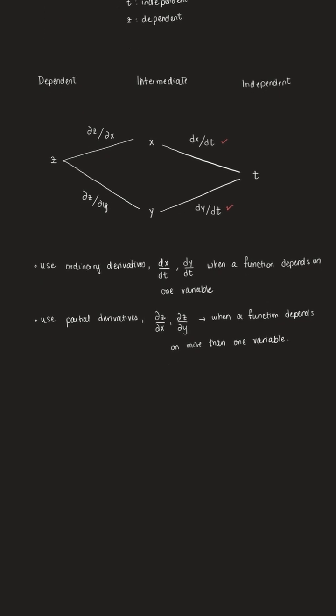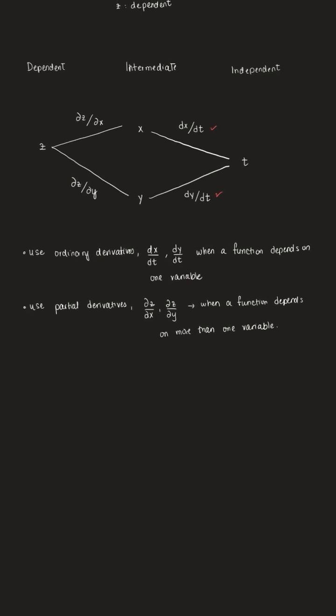Well, what we're really interested in here is how z depends on t. And we know that one of the changes in z comes from the x direction. And so we follow our tree diagram here. We follow the x branch and we say, all right, well, that's going to be a partial derivative of z with respect to x times the ordinary derivative of x with respect to t.